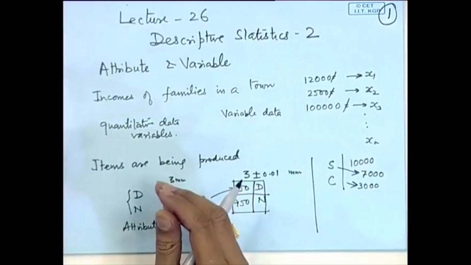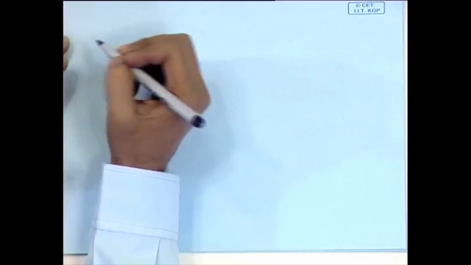So, whenever we classify the data according to a certain property, it is said to be attribute data. The techniques for analysis of attribute data and quantitative data are somewhat different. In this particular section, we will explain how to make frequency distributions for quantitative data.